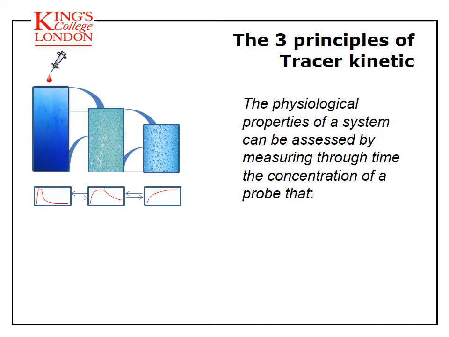So, once we have established that we need to make functional measurements, how do we go about doing them? We can do functional measurements using a tracer, the small red drop that you see in the picture. This drop will have certain biochemical properties that will make it move around body compartments, which you see as these cylinders in the picture, according to certain rates.